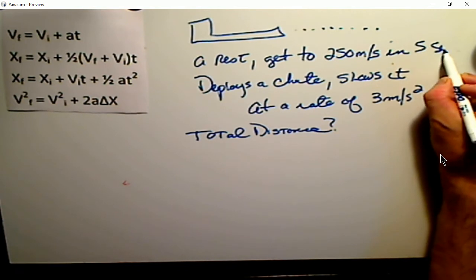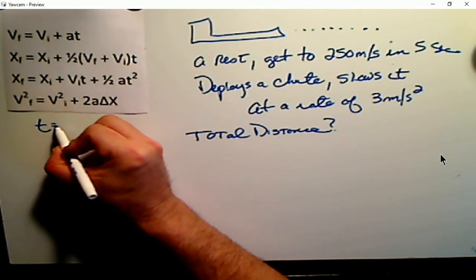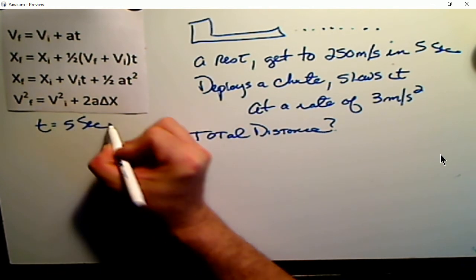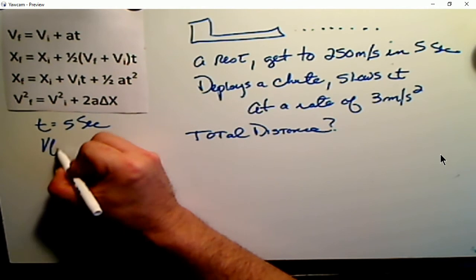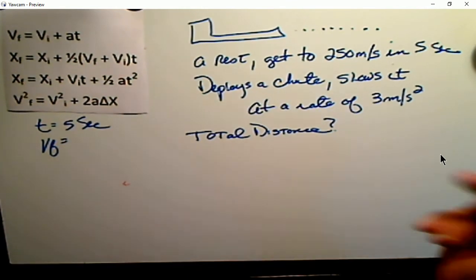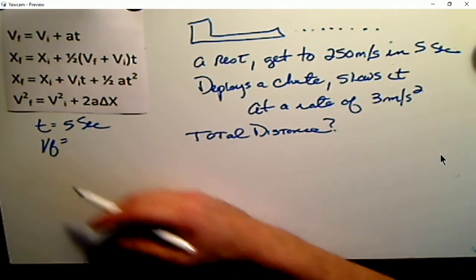So what do we know? T equals 5 seconds, and I encourage you to write out what you know, just so you are fully up to speed with it and get clear in your mind what's being asked for and what you already know.